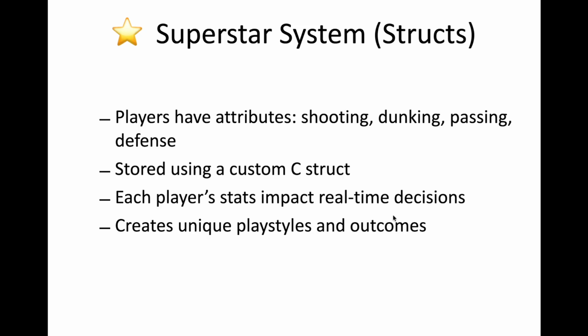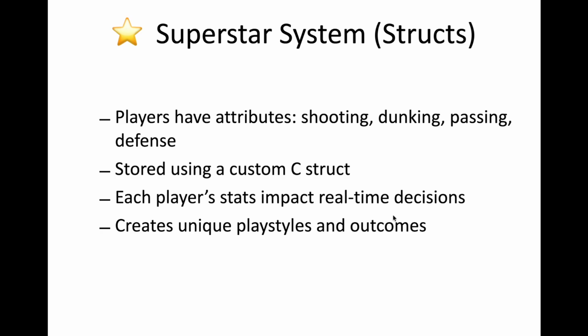At the start of the program, there are two custom data structures. The first is a player structure which stores the name of each player competing in the game, and each player has attributes: 3-point, dunking, passing, stealing, blocking, and 2-point scoring percentages.